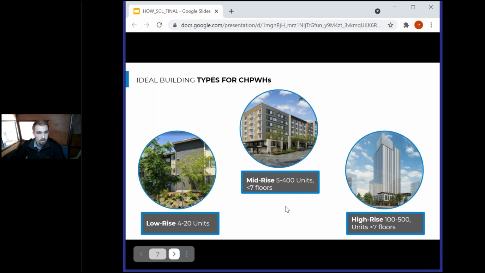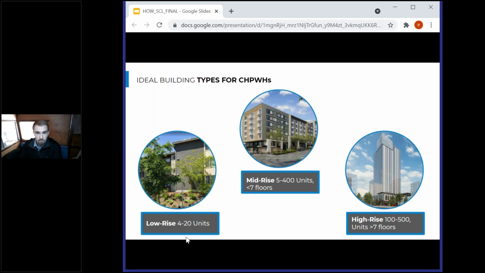So where we've seen the most applications so far with heat pumps is going to be in the residential sector. And this is a huge market opportunity in Seattle and really every other big city and small towns alike, because we can put smaller commercial systems in these low-rise apartment buildings, as well as larger commercial systems in the mid-rise buildings around 7 floors, which we see a lot of in Seattle.